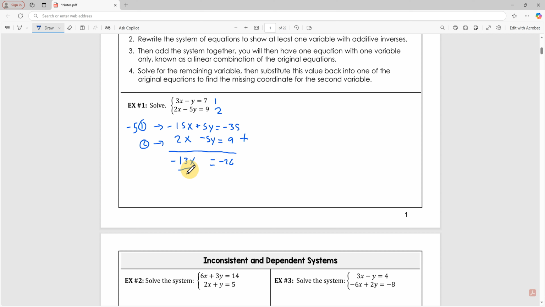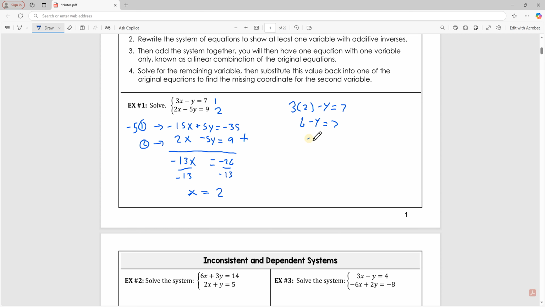I'm actually almost done solving this. I'm just going to divide by negative 13 on both sides, and we get x is equal to positive 2. To get our final answer now, I'm going to plug 2 into the first equation. So I have 3 times x, remember x was 2, minus y equals 7. 3 times 2 is 6, minus y equals 7.